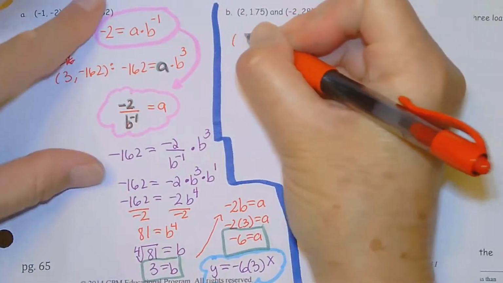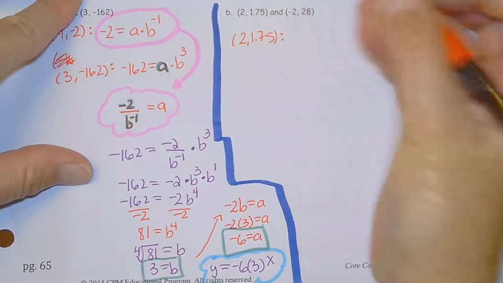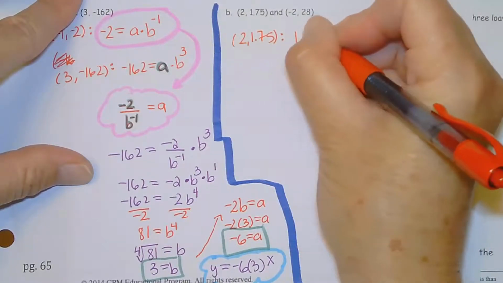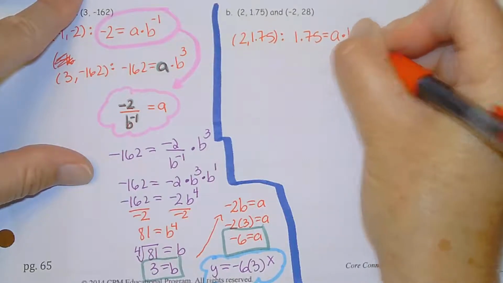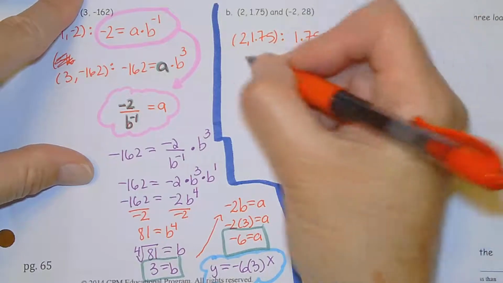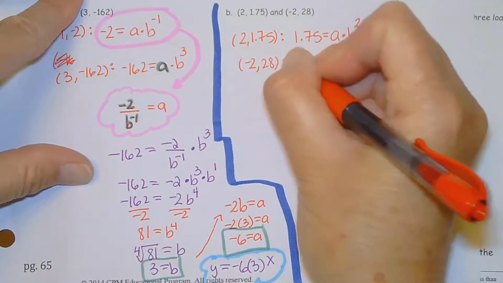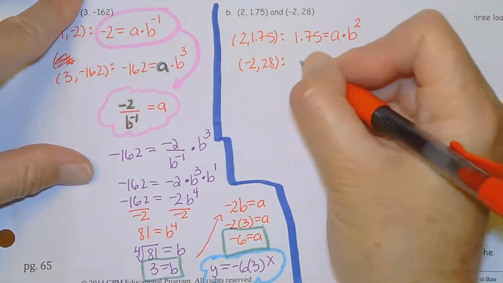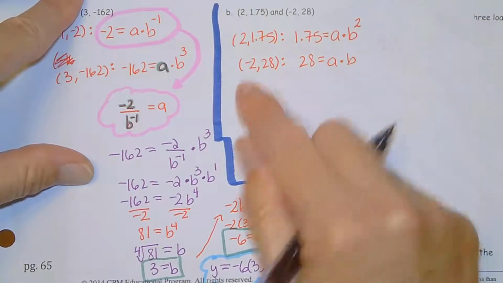So 2 comma 1.75 is going to give me 1.75 is equal to a times b to the power x, which is 2. For the second equation, I'm going to use -2 comma 28. So my y is going to be 28 is equal to a times b to the -2nd.